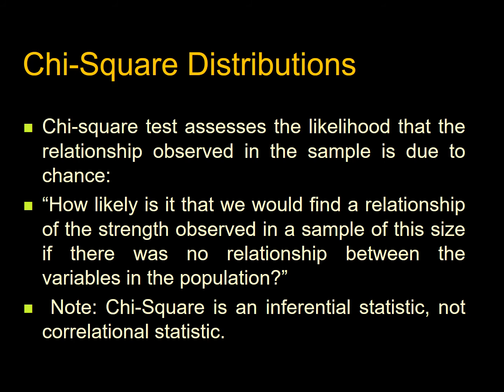Quote, how likely is it that we would find a relationship of the strength observed in a sample of this size if there was no relationship between the variables in the population? Note that chi-square is an inferential statistic and is not a correlational statistic. It does not show how much an independent variable affects the dependent variable or how strong that relationship is.